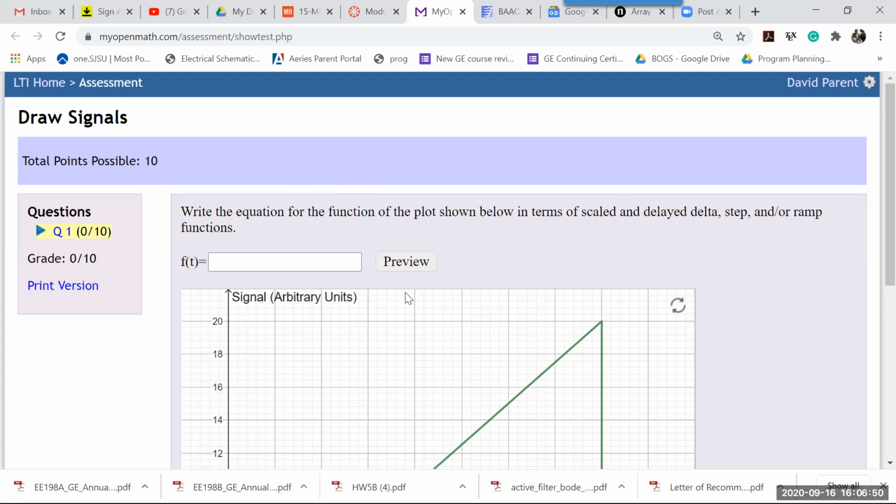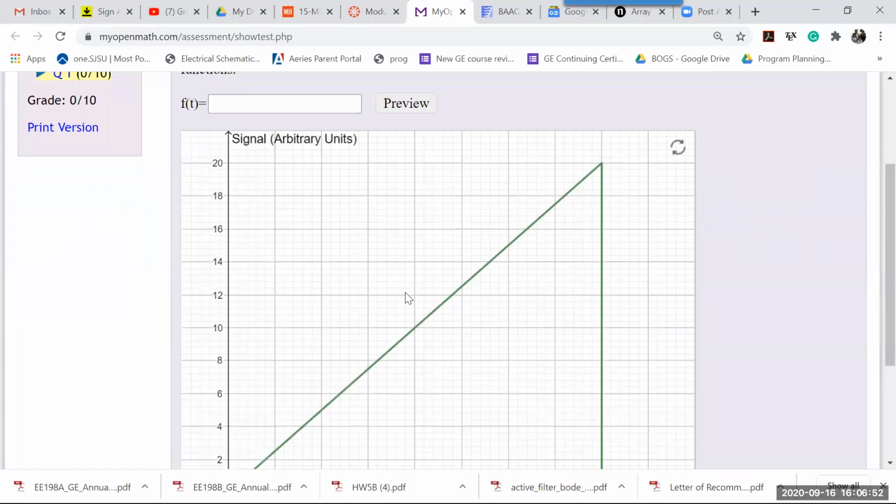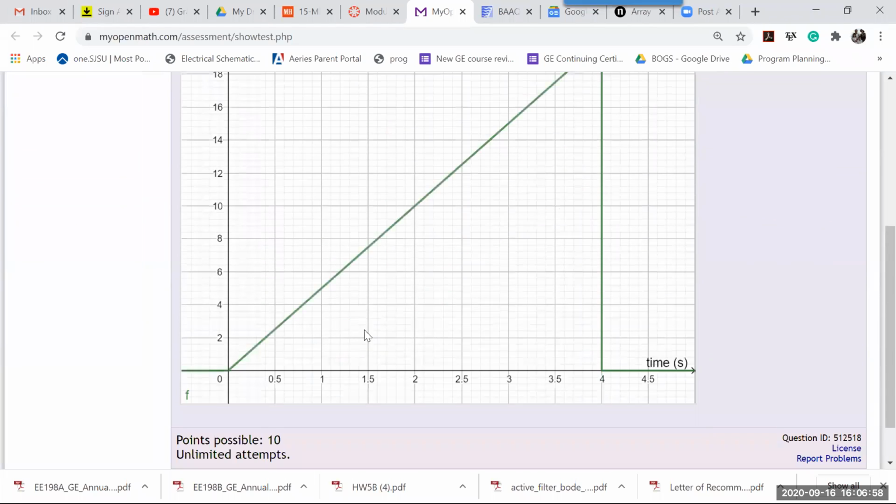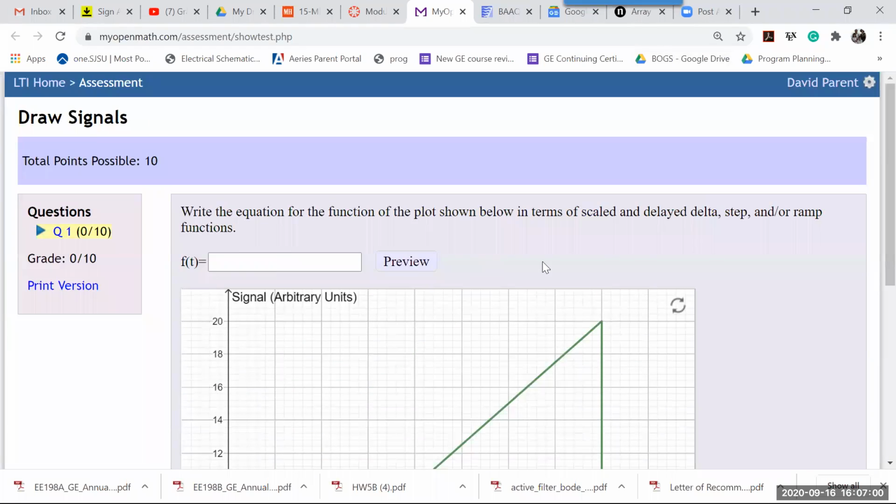But this particular question would be very similar to question 1 on the midterm. And you get a plot and you have to basically type in the function in terms of delta functions, step functions, or ramp functions.